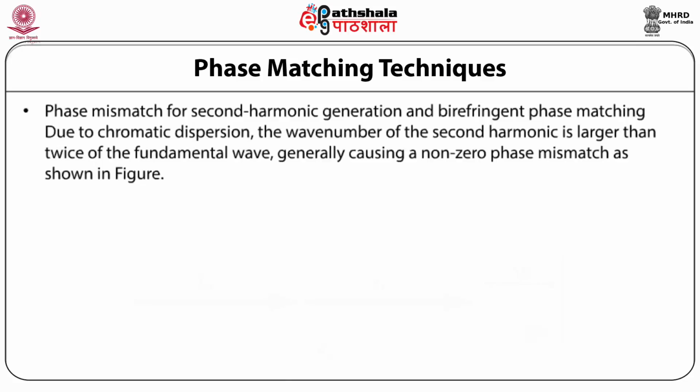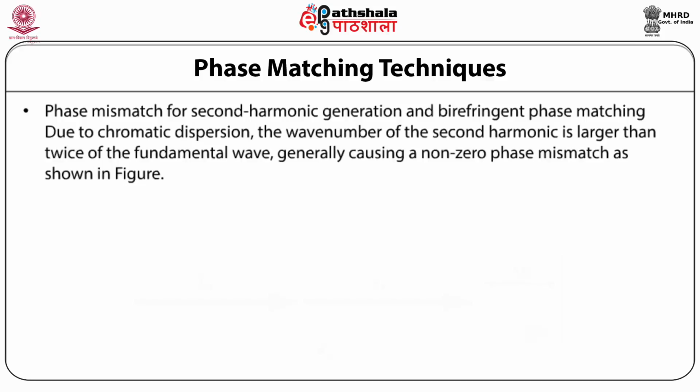Phase matching techniques. The chromatic dispersion of an optical medium is the phenomenon where the phase velocity and the group velocity of light propagating in a medium depend on the optical frequency. Absence of chromatic dispersion could lead to k2 equal to 2k1 and the phase mismatch vanishes.